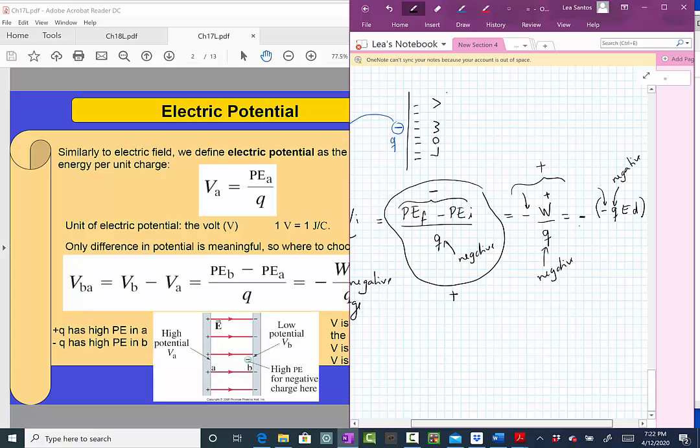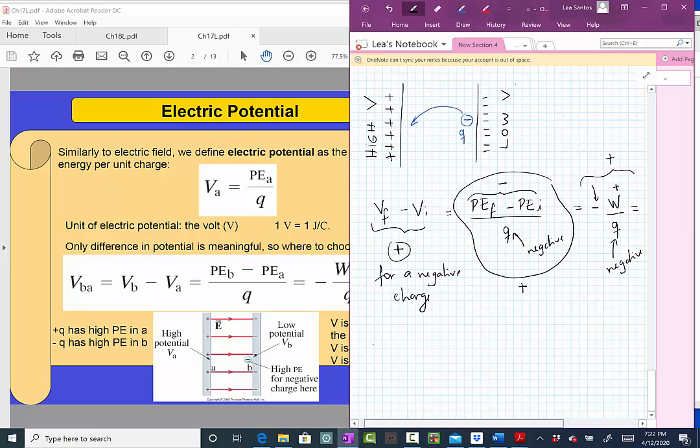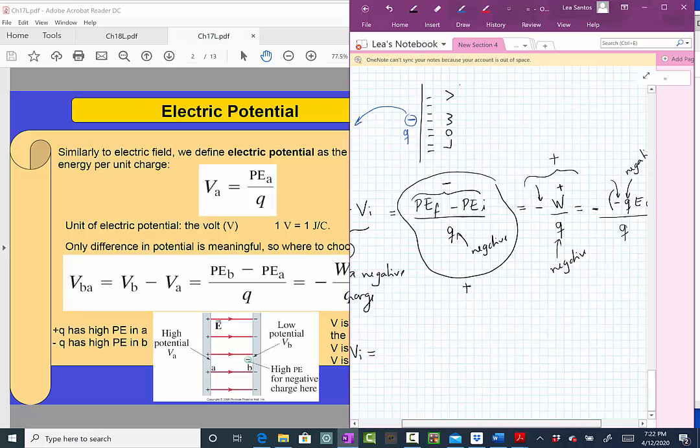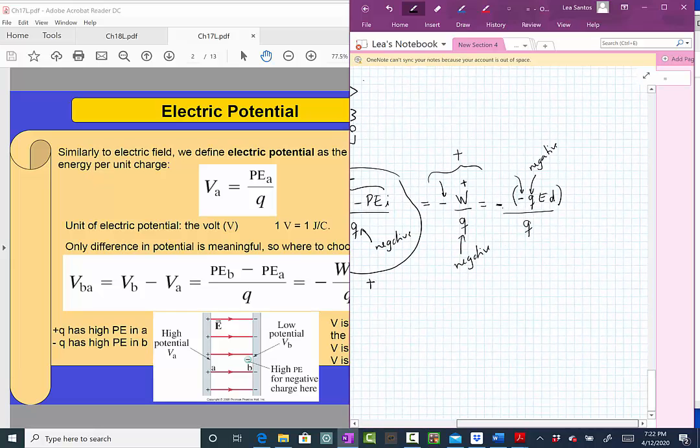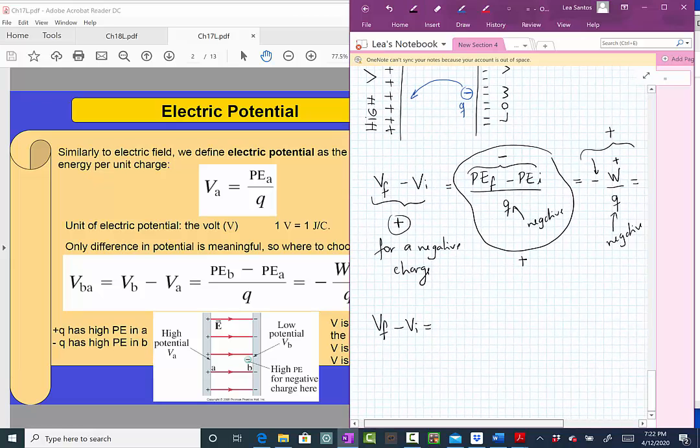Okay, we are studying here change in potential, electric potential, so I have to divide all this by Q. Okay, so we have minus and minus, which will become plus, so I'm going to write here final potential minus initial potential equals, minus and minus becomes plus, Q and Q cancel, and we have here E d.